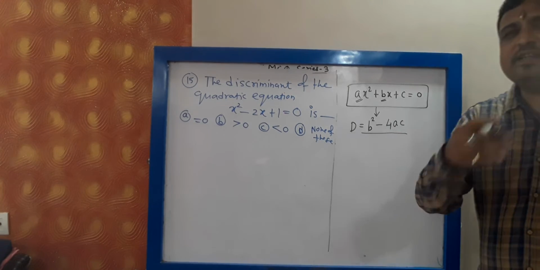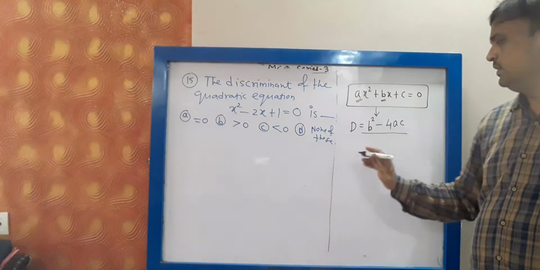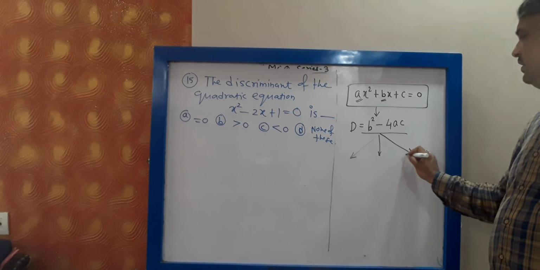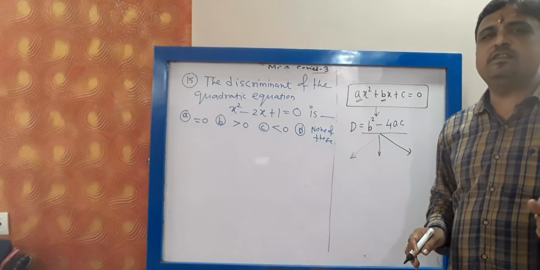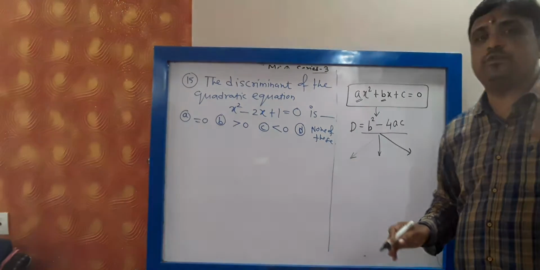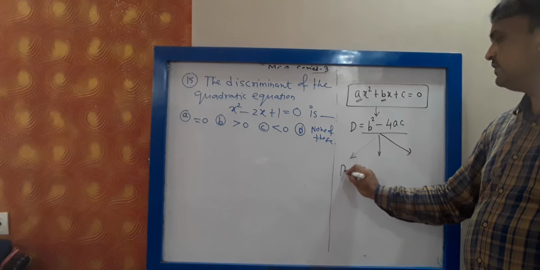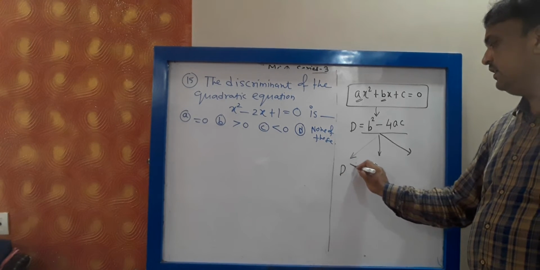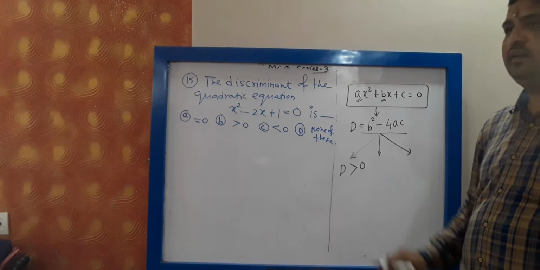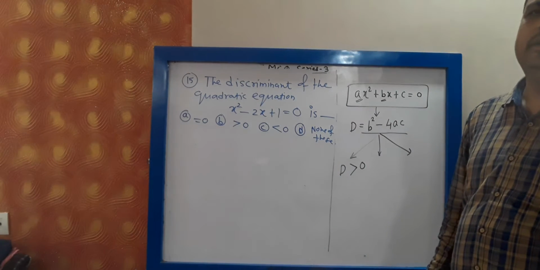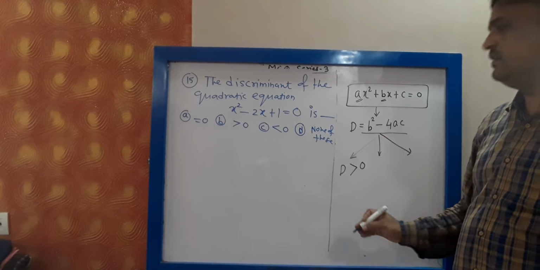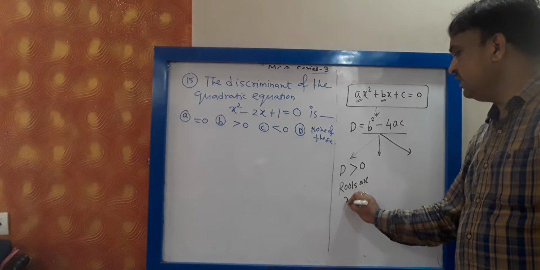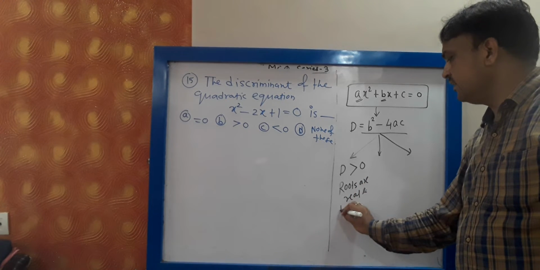Then let me show the additional part of this, then we will solve this question. Based on the value of this discriminant, you can decide the nature of roots. If D is greater than 0, b square minus 4ac is greater than 0, then roots are real and unequal, real and distinct.